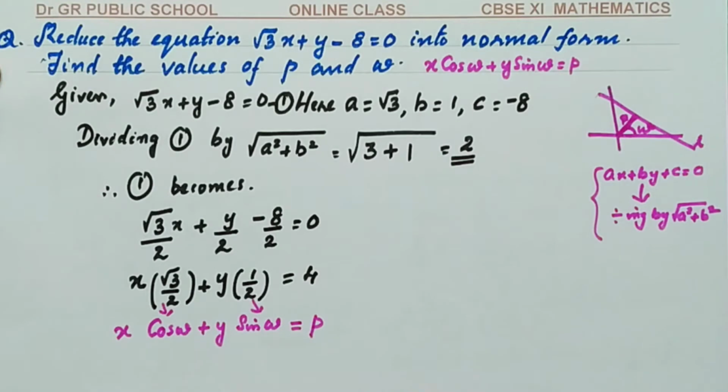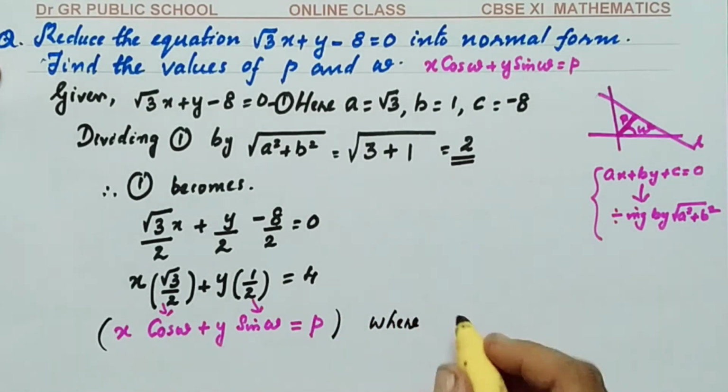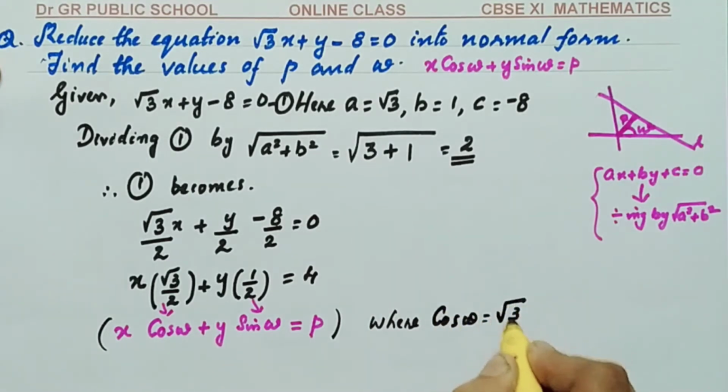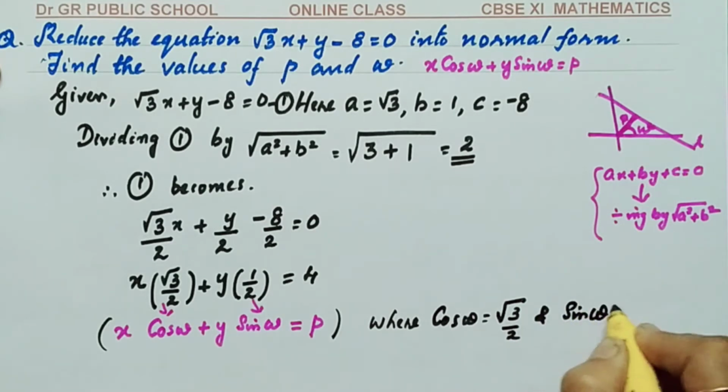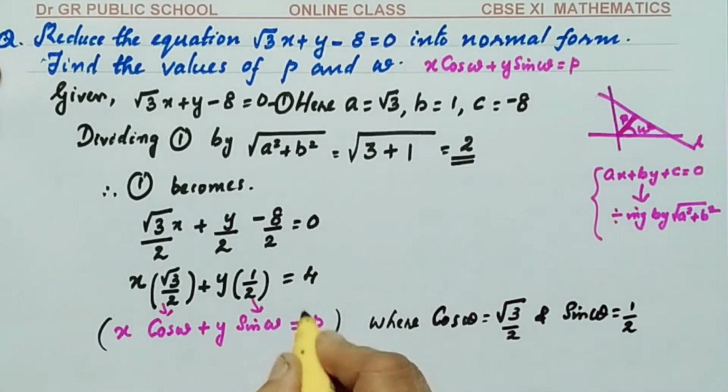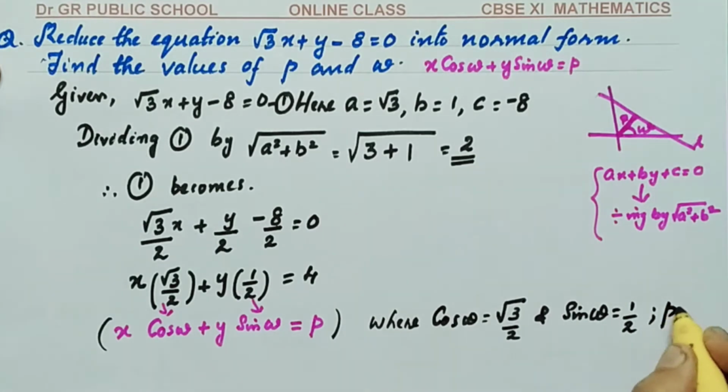So the given equation reduces to the form x cos omega plus y sin omega equal to p, where cos omega equals root 3 by 2, sin omega equals 1 by 2, and p equals 4.